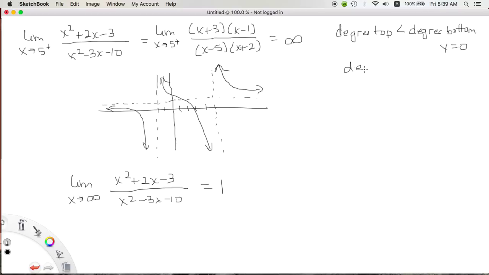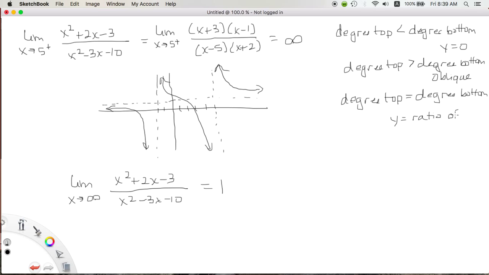If the degree of the top is greater than the degree of the bottom, then we have an oblique asymptote, not a horizontal asymptote. And if the degrees are equal to each other, we take the ratio of the leading coefficients.